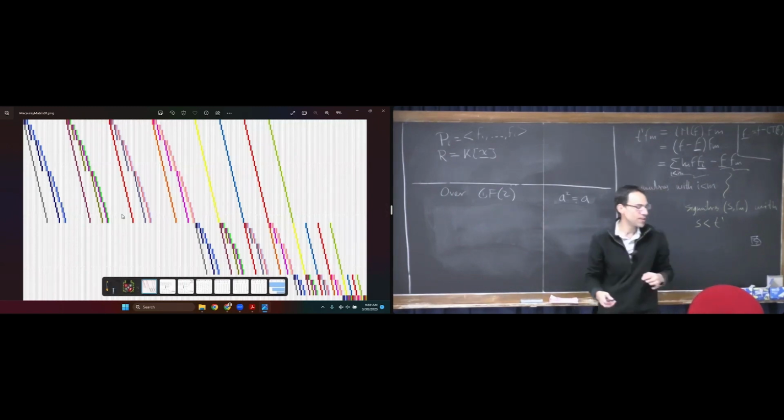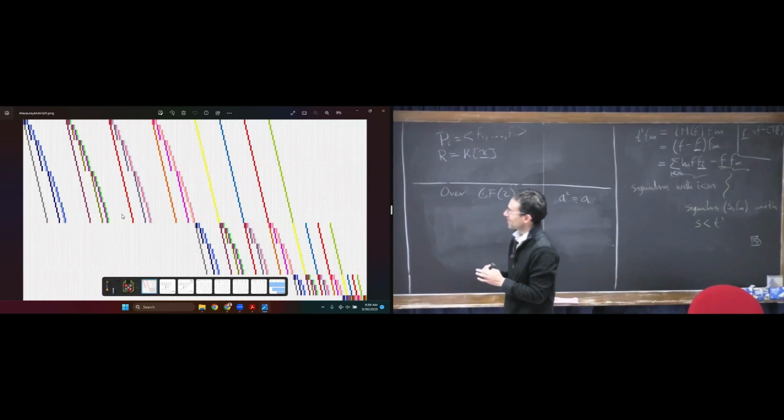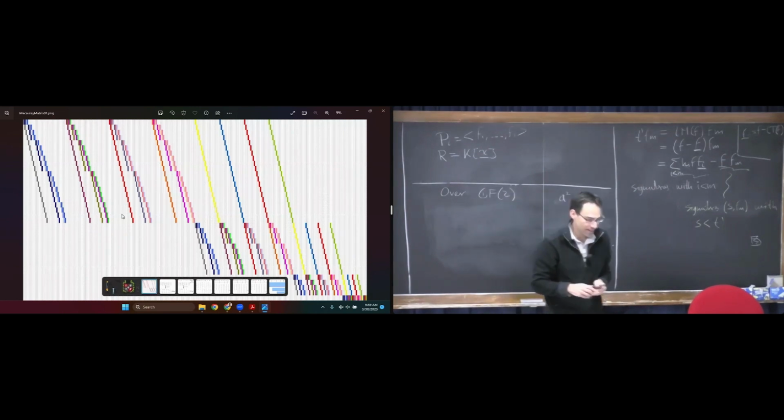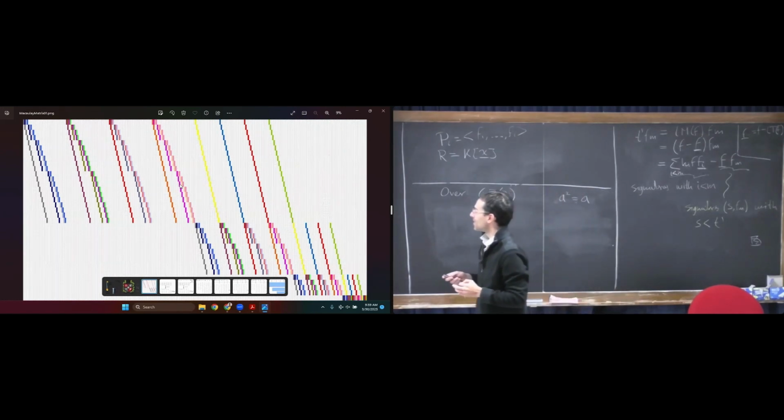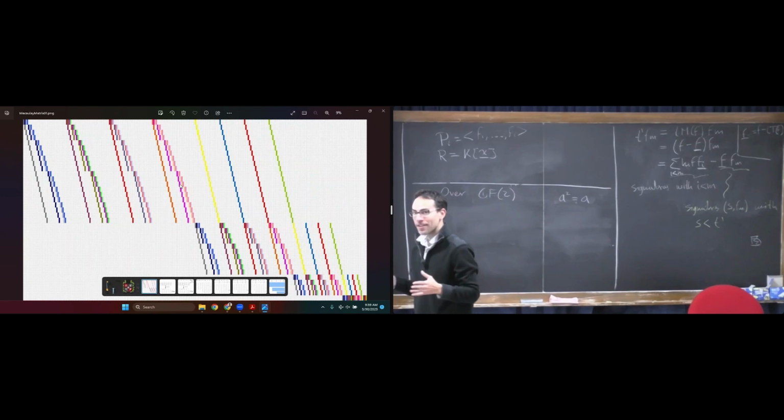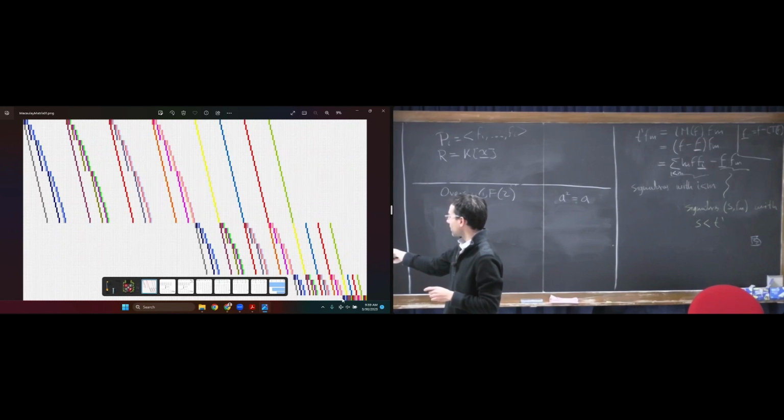Because you are taking polynomials and multiplying them by variables, they get very sparse very quickly. So here at the bottom, we have degree 2 dense polynomials.